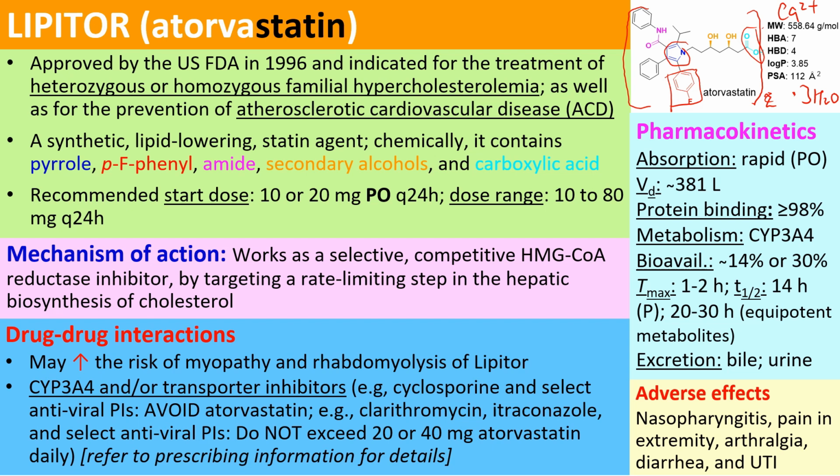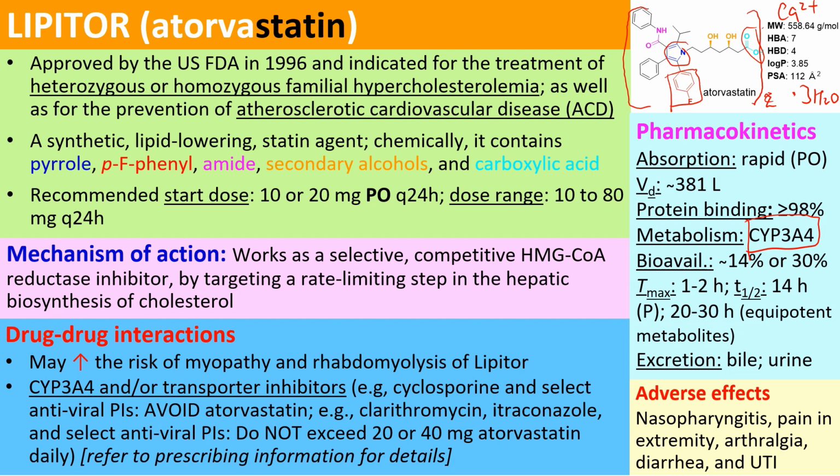Pharmacokinetics: absorption rapid, volume of distribution is around 381 liter. Protein binding is greater than or equal to 98%. Metabolism: this medication is metabolized by CYP3A4 enzyme. Bioavailability is around 14% or 30%.